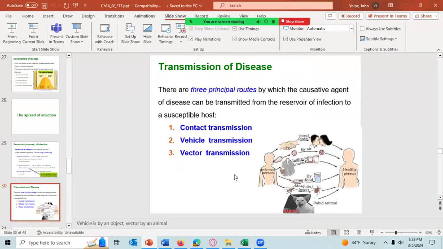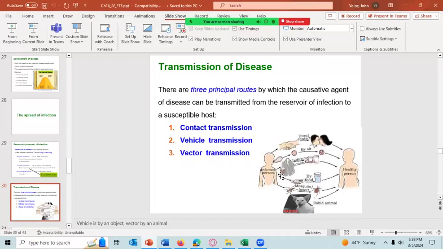Transmission of disease is our next topic. There are three principal routes by which a causative agent of disease can be transmitted from the reservoir of infection to a susceptible host. First, there can be contact transmission. There can be vehicle transmission, where a vehicle gives the agent from the reservoir to the healthy individual.